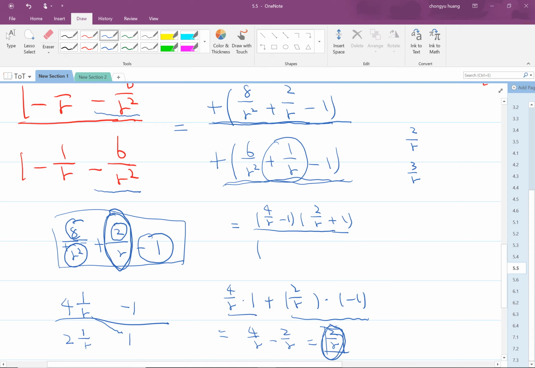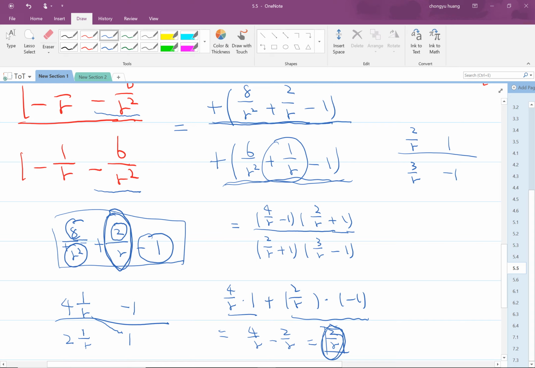So we put 1 over here and then -1 over here, right? Okay, and then this is the right factorization for the denominator.